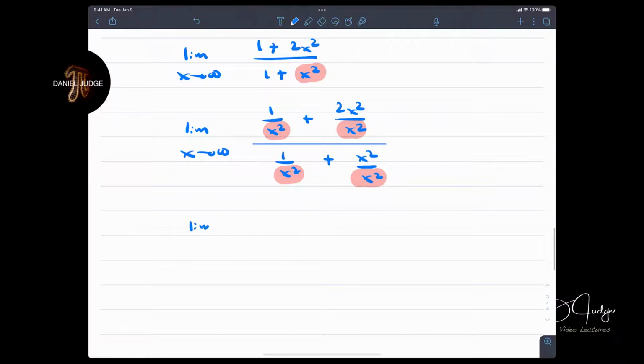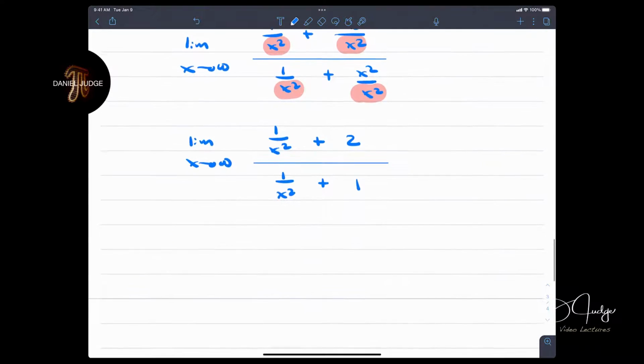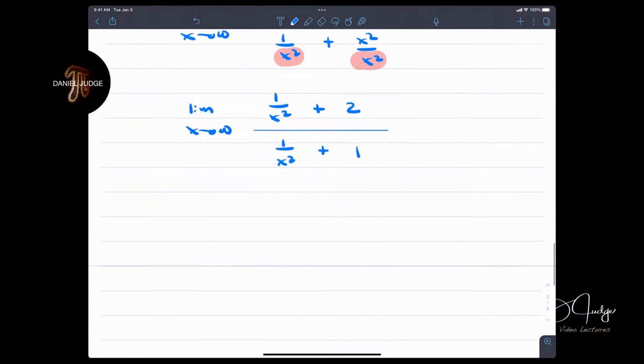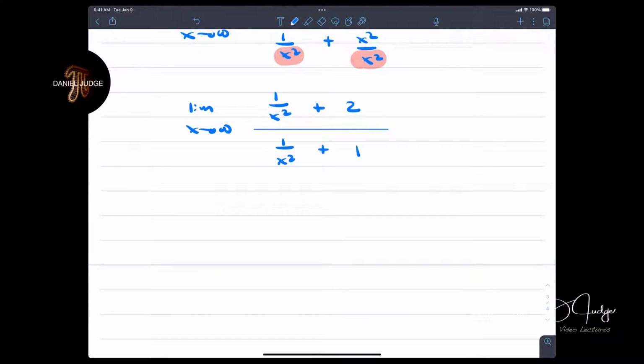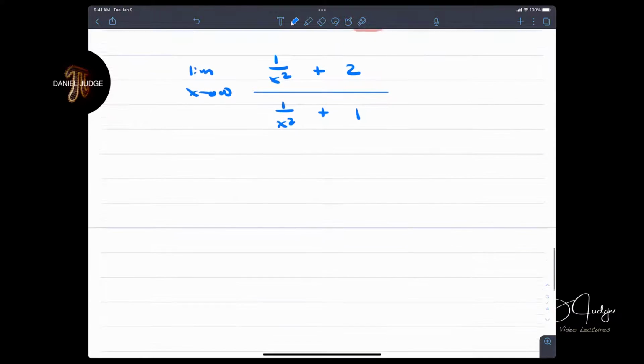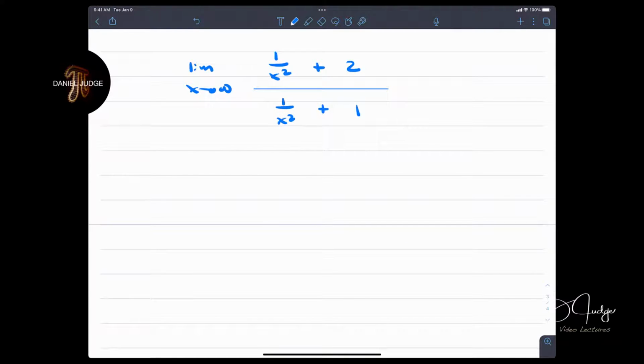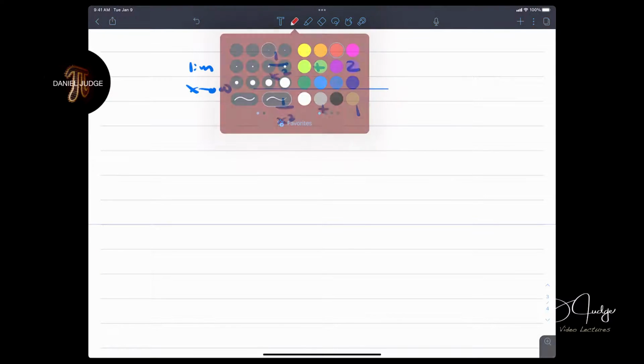So let's take a look at the limit. I'm going to look at it this way. We can look at it as properties of limits. We can look at it slightly different than what we did in the past.